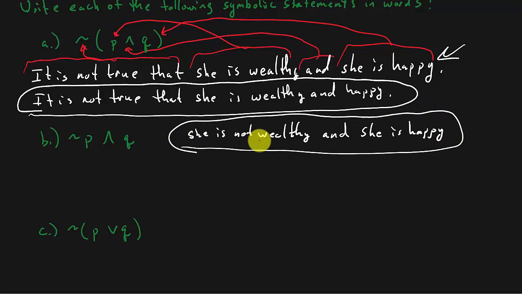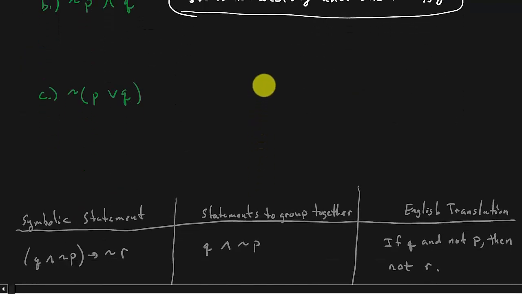Okay, so now let's look at the next one. I know this can seem kind of confusing, but you've just got to think about it a little bit. So what about this one? Well, it is not true, that's this little negation symbol here.